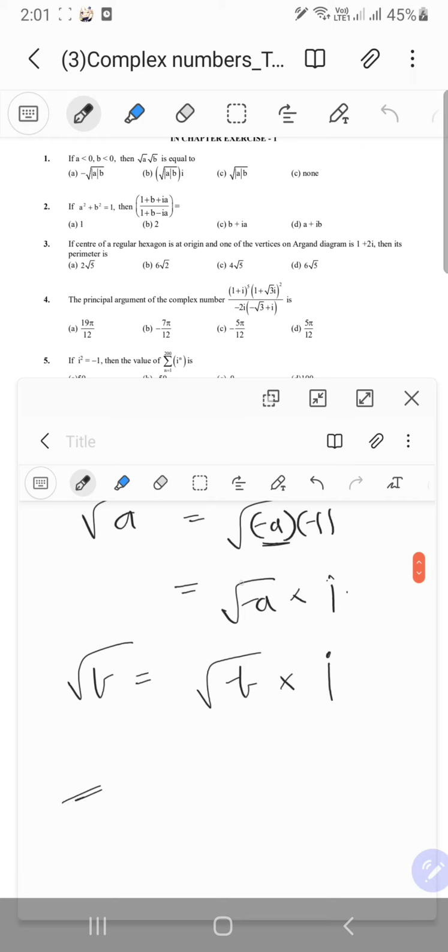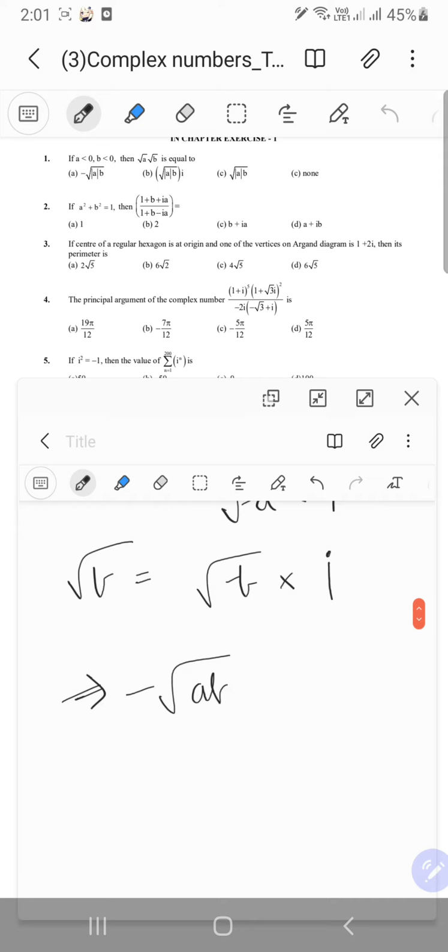So this is going to be square root of negative a negative b, which is positive ab, times iota squared. That will be negative 1, so negative square root of ab. Yeah, that makes sense.